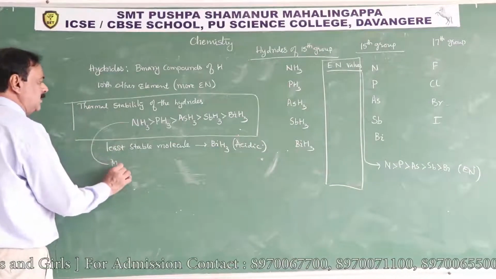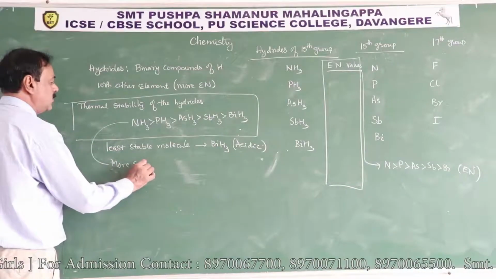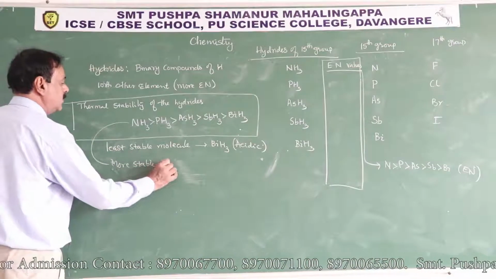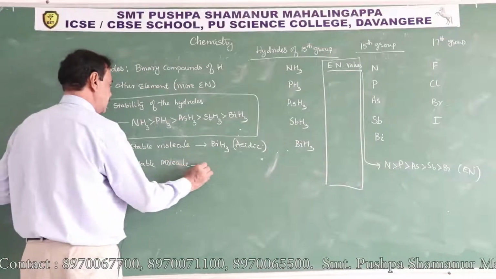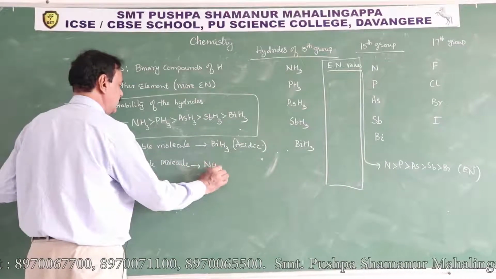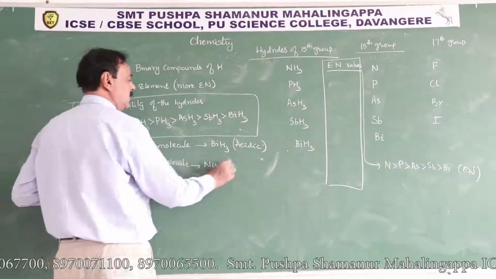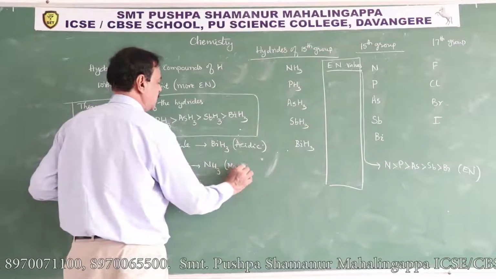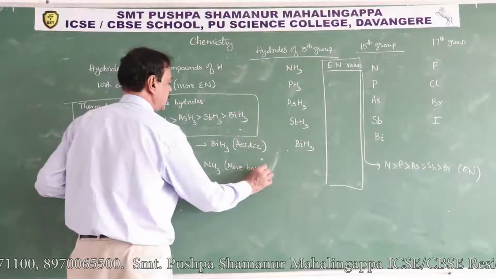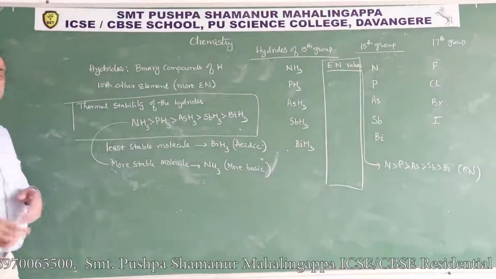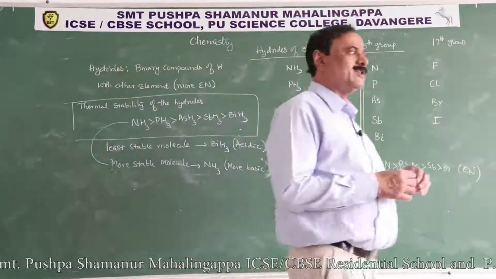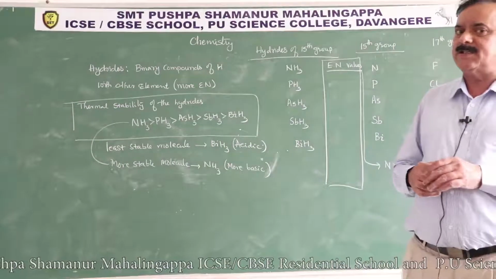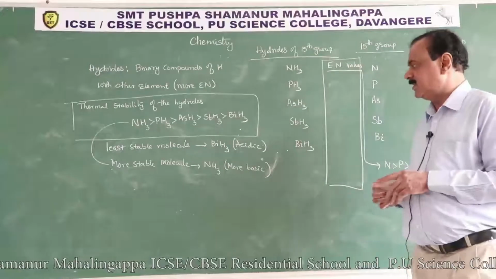The more stable molecule, that is NH3, is more basic in nature. That is why ammonia is basic in nature. BiH3, bismuth trihydride, is acidic in nature.